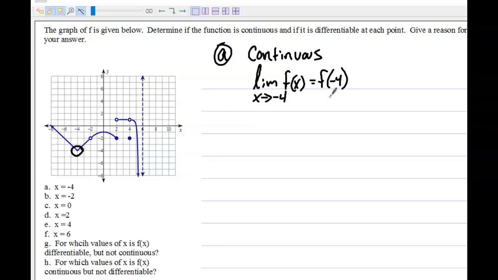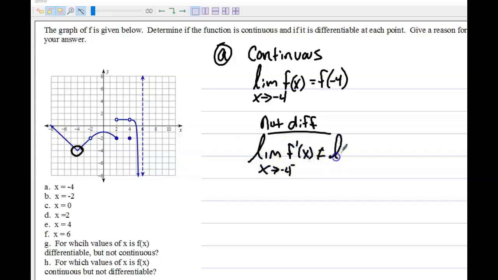And we're going to say that it's not differentiable, because the slope from the left is not the same as the slope from the right. And the way that you write that is in this fashion. Okay, so that's the answer to part A.